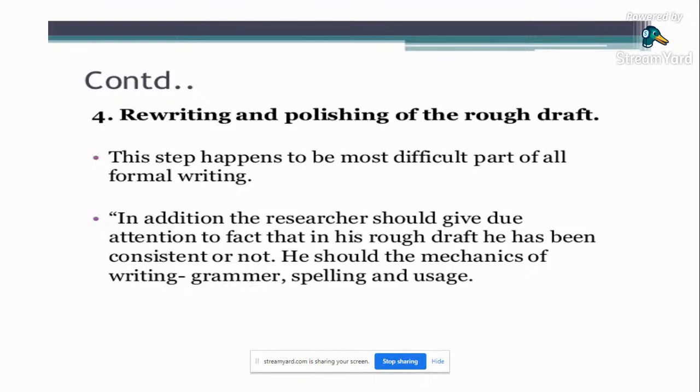What is the polishing of the work at the end? What are the things that need to be looked at once again at the end before submitting? What are the things that you need to look at? I'm expecting an answer from you guys. What are the things that need to be taken care of at the end?